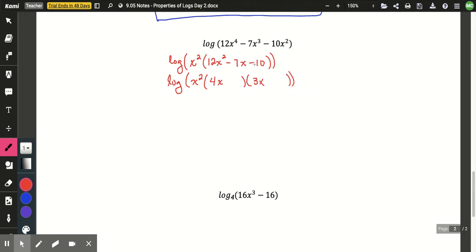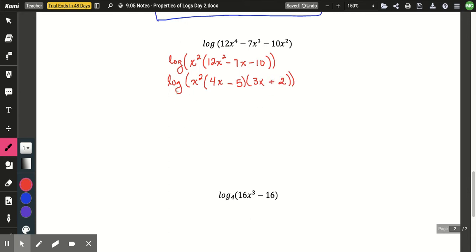And the negative 10, I'm going to think of it as maybe 5 times 2. Now if I put the 5 here and the 2 there, then my inside product would be 15 and my outside product would be 8. And there is a way to combine those and get a negative 7. I would need the 15 to be negative and the 8 to be positive.